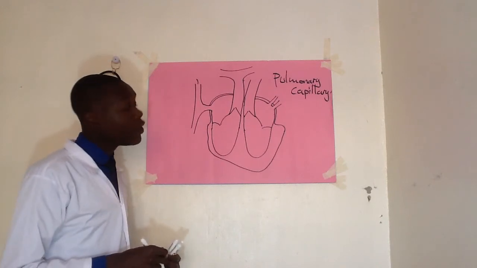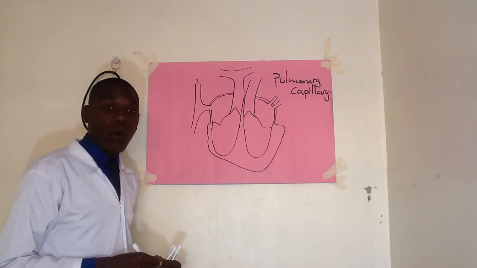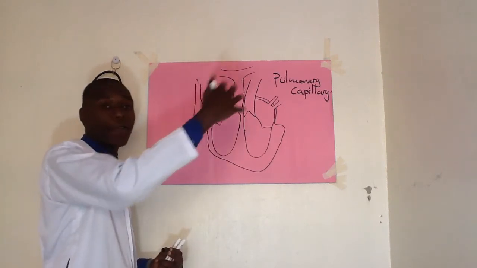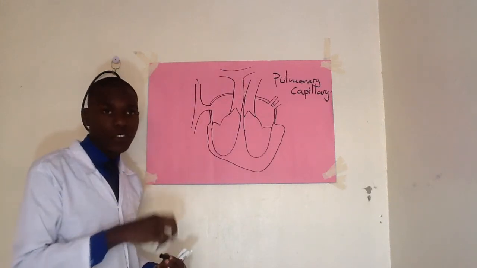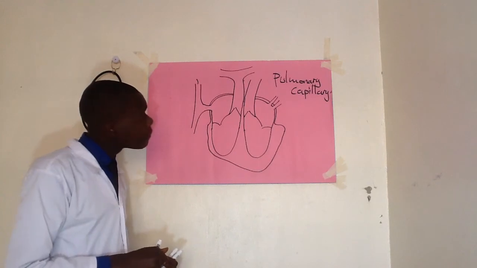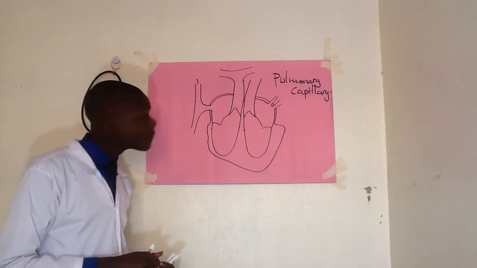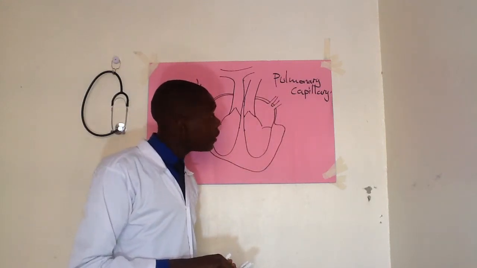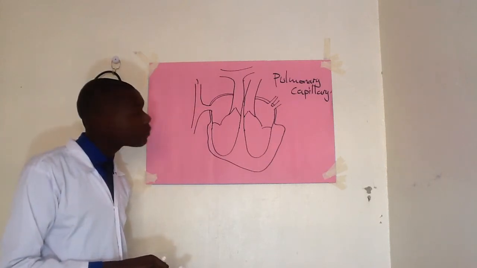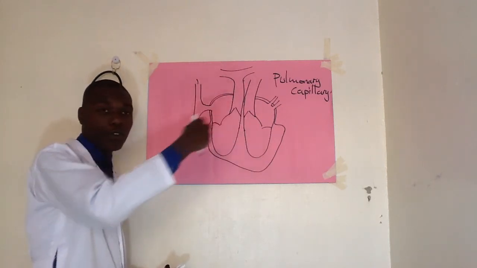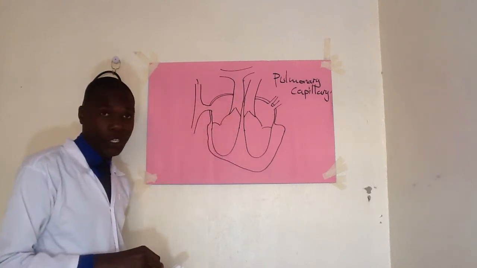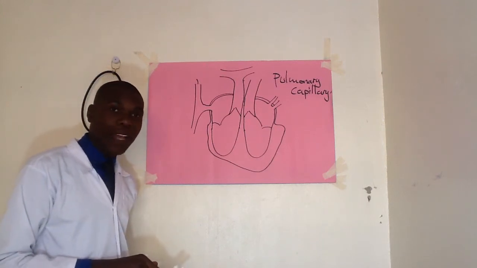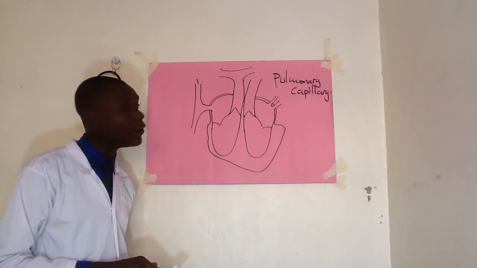So it passes through a great resistance of the pulmonary capillaries where our blood gets oxygen from the environment, from the air within our lungs, in the alveoli, or rather air sacs. And after picking oxygen, it gives out the carbon dioxide within it to the environment, to the air within the lungs, in the air sacs. And at this point, our blood can be considered as fully saturated with oxygen.